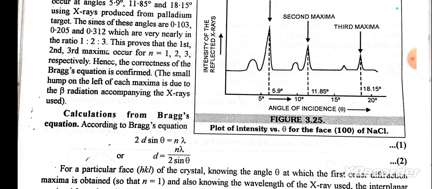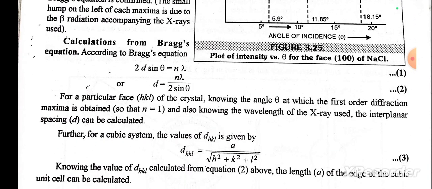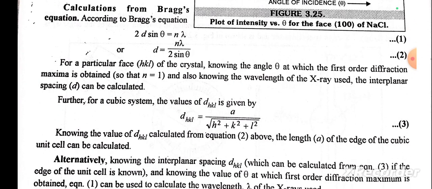Hence the correctness of the Bragg equation is confirmed. The smaller hump on the left of the maxima is due to the beta radiation of the X-rays used.